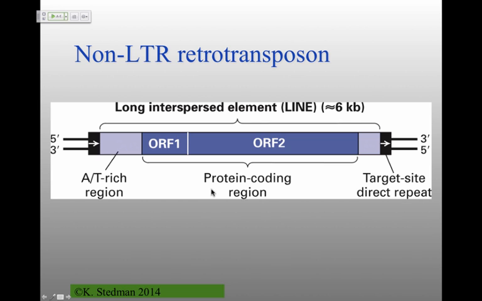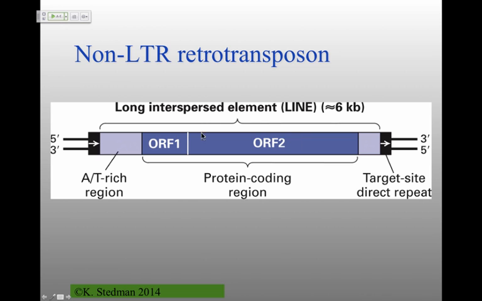But now instead of having direct repeats at either end, like you have with these retroviral-like retrotransposons, now you have these AT-rich regions, and particularly this end right here, which looks like a normal poly-A tail that's gotten added to regular messenger RNA, with then a poly-T in the opposite direction because that's been copied back into DNA.